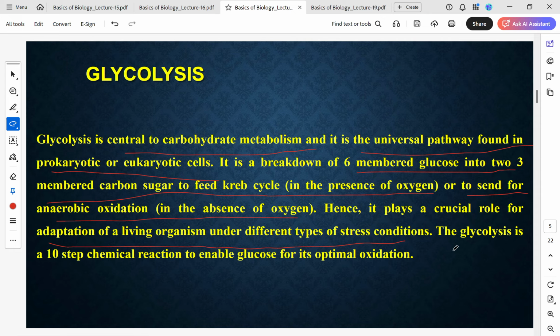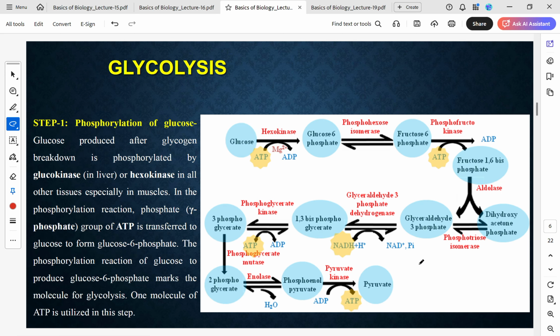Glycolysis is a 10-step chemical reaction to enable glucose for its optimal oxidation. In each step there is a different enzyme that catalyzes the reaction. There are 10 such enzymes, 10 such steps, and at certain steps energy is utilized, at certain steps energy is produced.